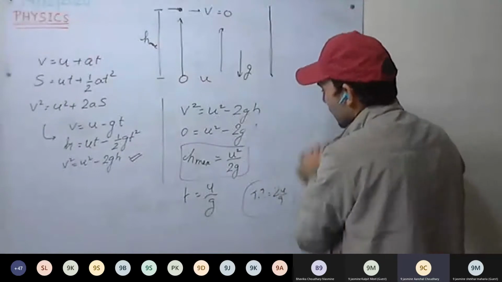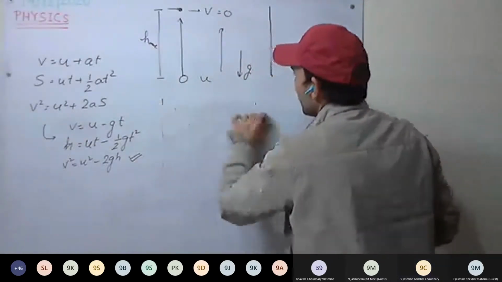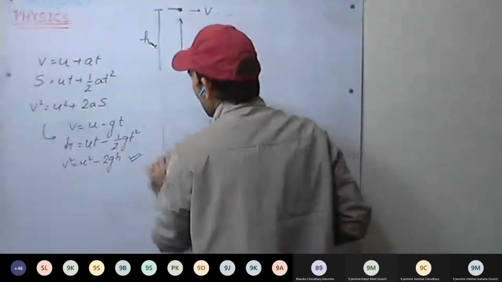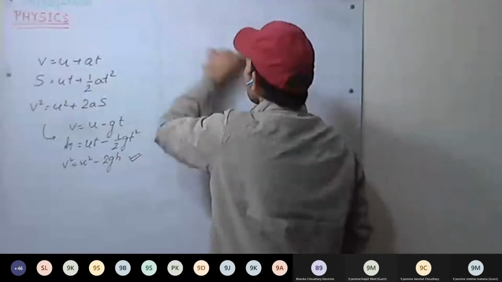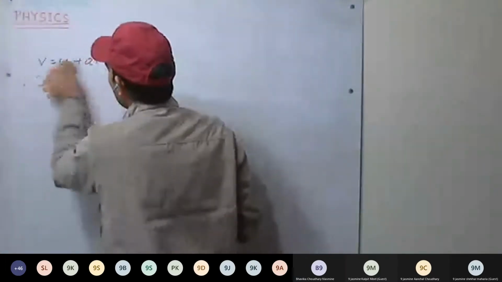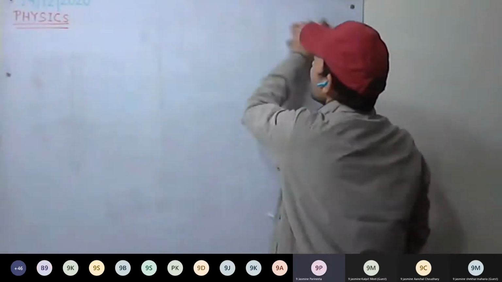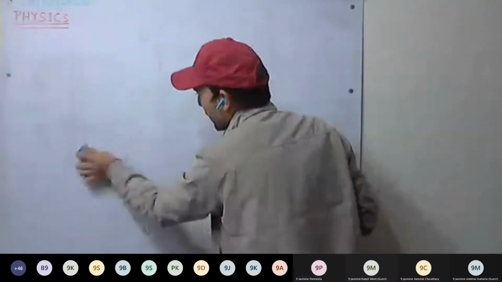Yes, sir. Okay, now we discuss mass and weight. There is a difference between mass and weight. What is mass? It is the quantity of matter contained in the body. So the amount of matter contained in the body defines the mass.